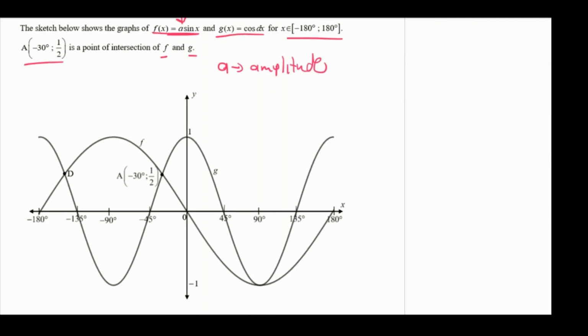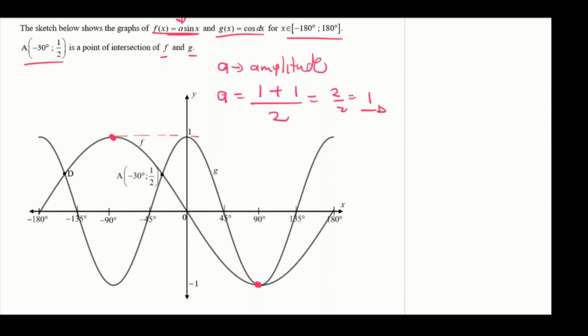This is the highest point of f, this is the lowest point of f. So a is equal to the highest point of f, the value of y, which is 1, plus the lowest point of f, which is negative 1, but you're just going to write 1, divided by 2, which is 2 over 2, equal to 1.